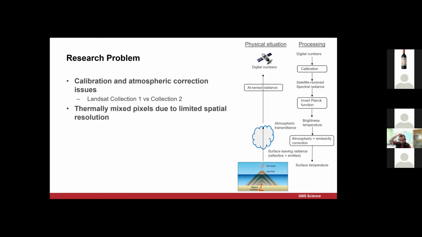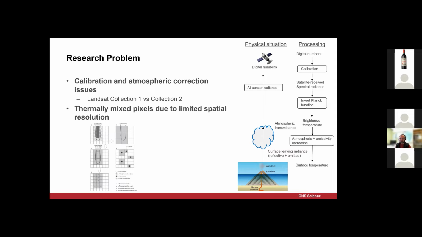So the problem is that we have thermally mixed pixels due to the limited spatial resolution. We know that in an anomalous heat detection, if there is a high temperature present within that pixel, the pixel value would show a spike in the radiance, and it depends on how it is looked at.